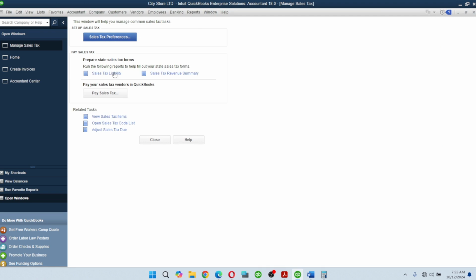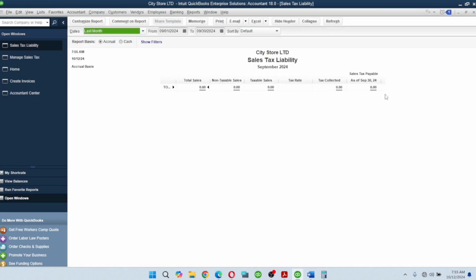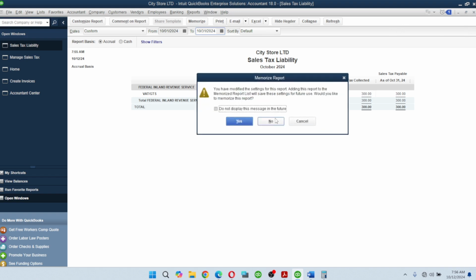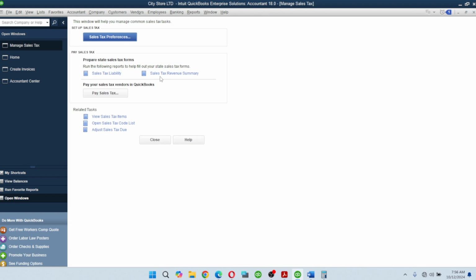Now, our tax liability for October is 300, right? That's our tax liability, we're already aware of it. So for all the items you sold, this is how you're going to see your tax liability, 300. But we need to go and adjust that, because that is not what we are supposed to pay at the end of the day.